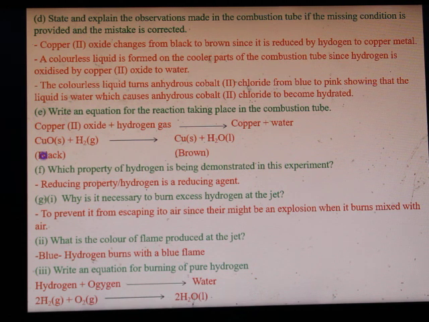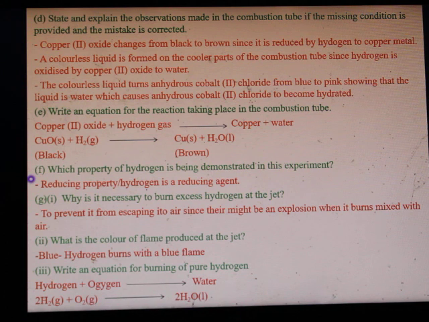Copper 2 oxide is black, reacting with hydrogen H2 gas to form copper metal, which is brown, and water liquid. So from this you can see that hydrogen has taken oxygen from copper 2 oxide to become water, and copper 2 oxide now has been reduced to copper metal.